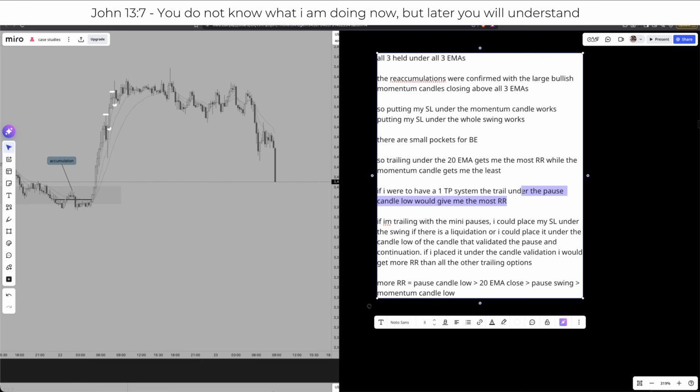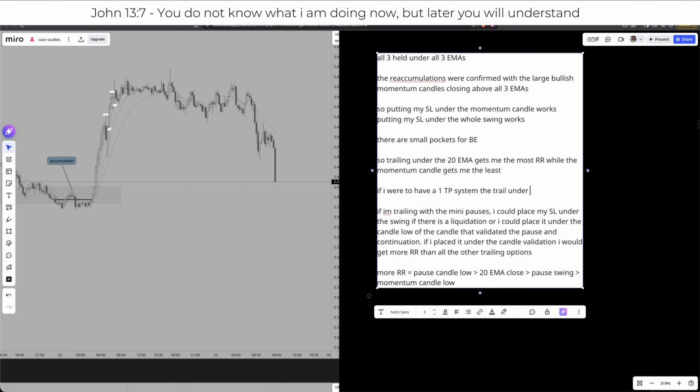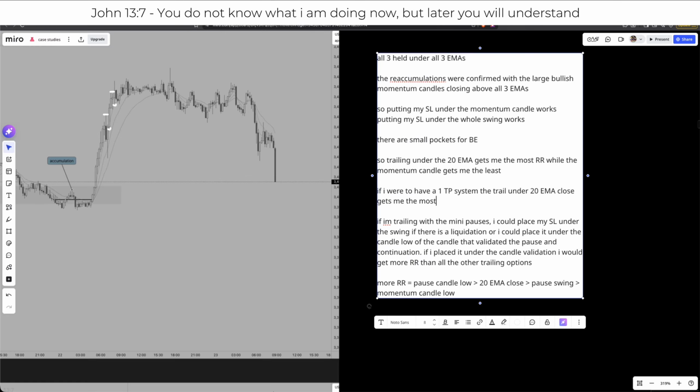Trailing under the EMA close gets me the most RR here.